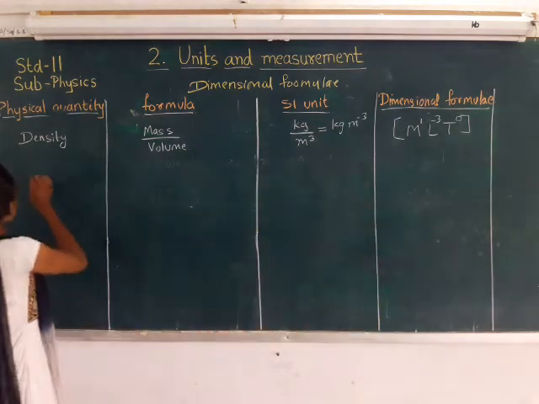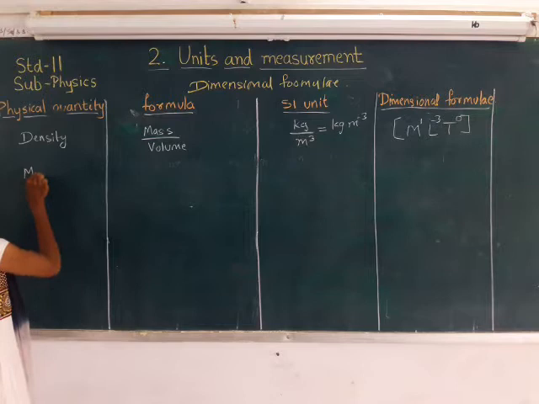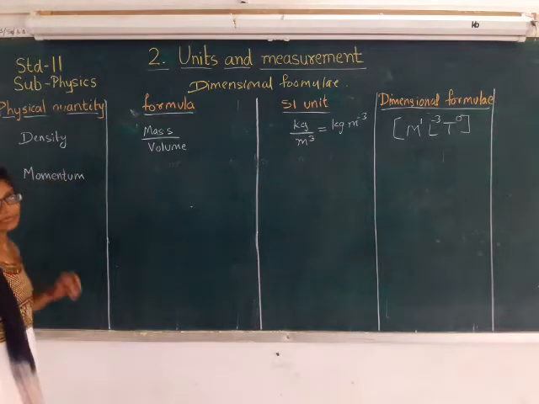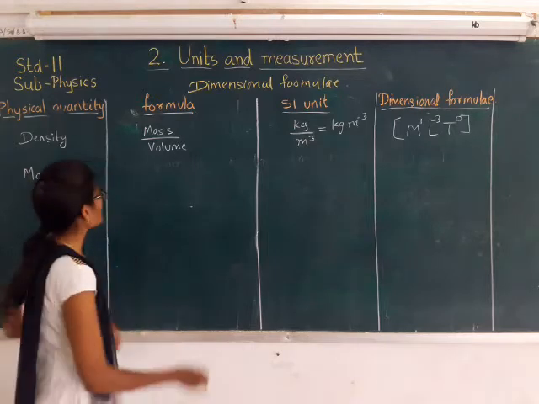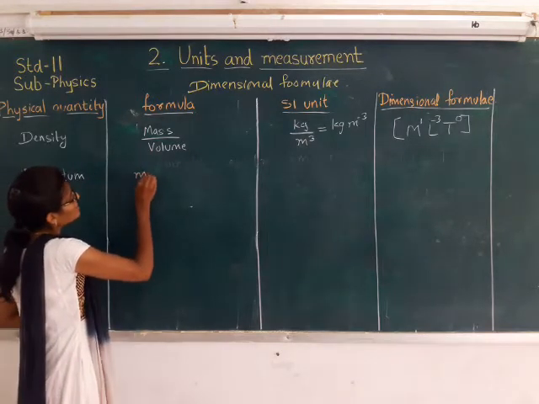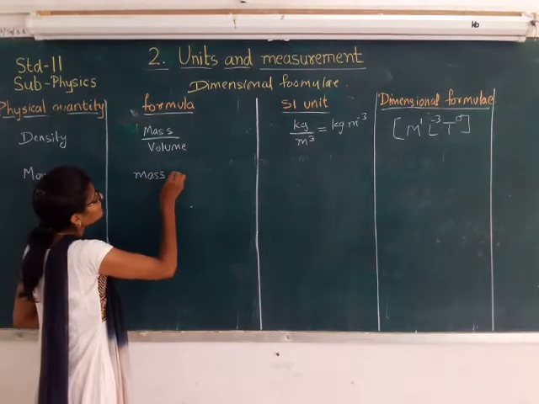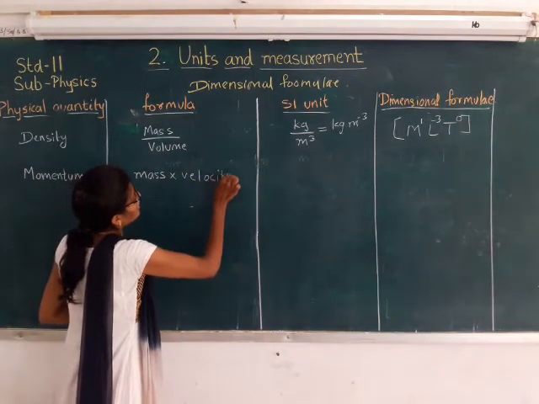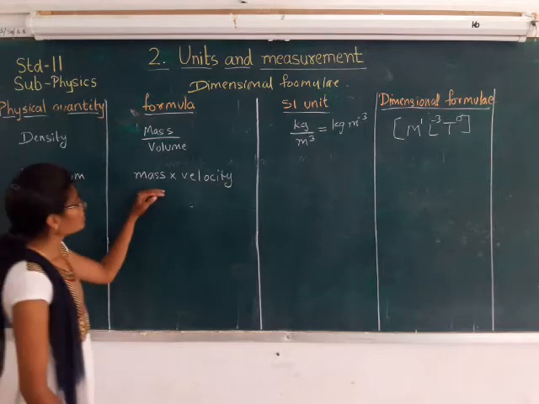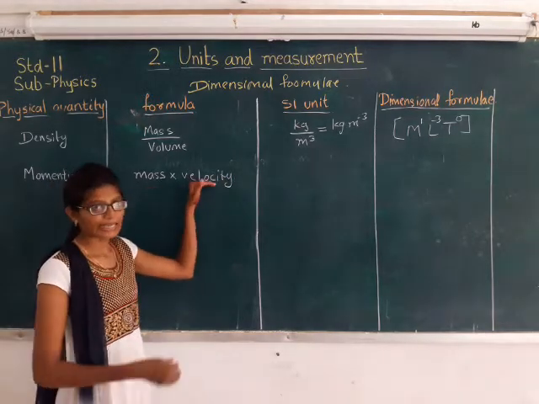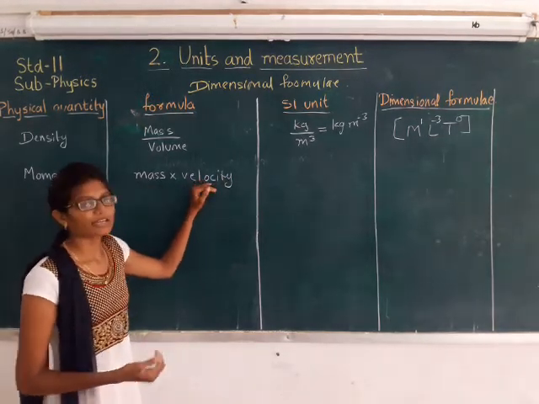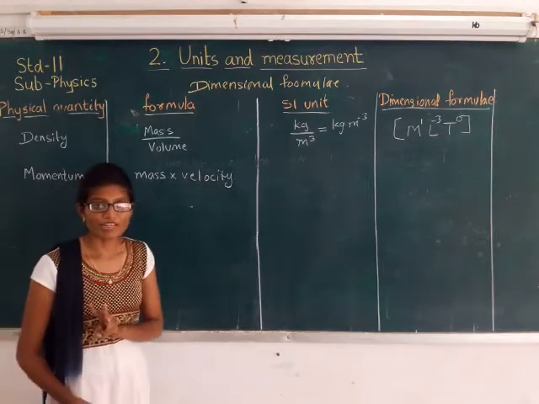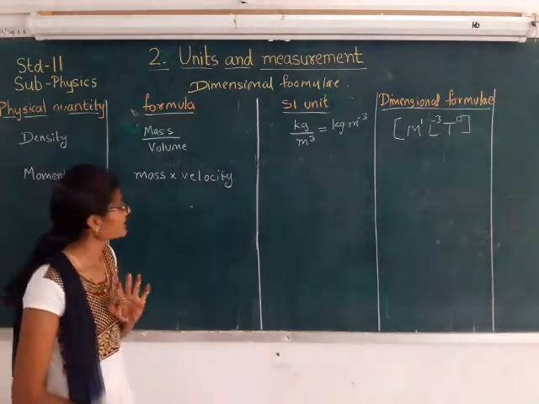Now let us take another physical quantity, that is momentum, right? And the formula for momentum is the product of the mass and the velocity. Here if we take velocity's formula, that will be displacement upon time taken. So we are using three fundamental physical quantities: mass, length and time.